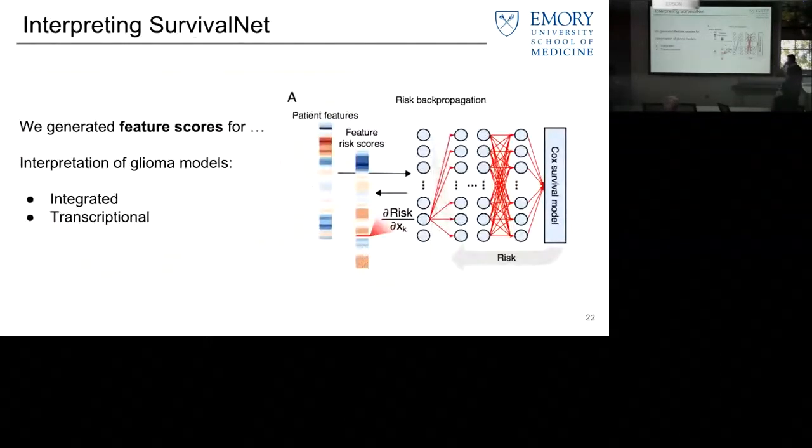So let's look at survival. As Safoora mentioned, we get patient-specific risk profiles for individuals. We have two models: an integrated model that has all sorts of biological factors, and a transcriptional model. What would you expect?